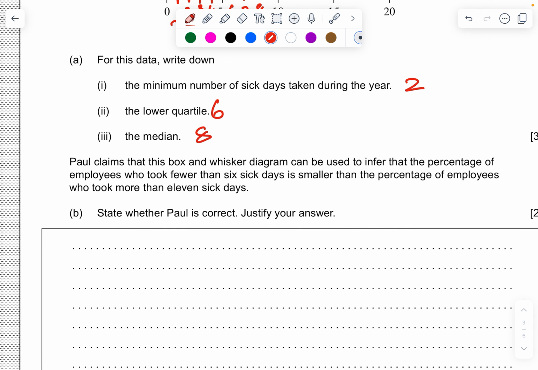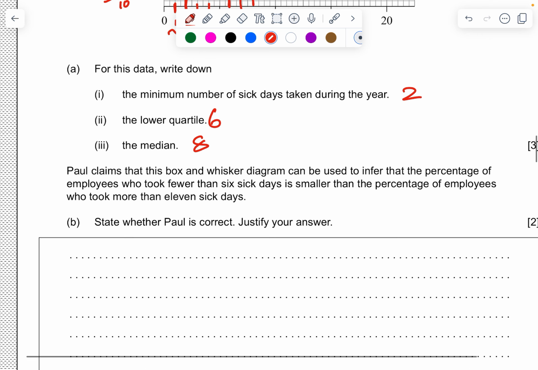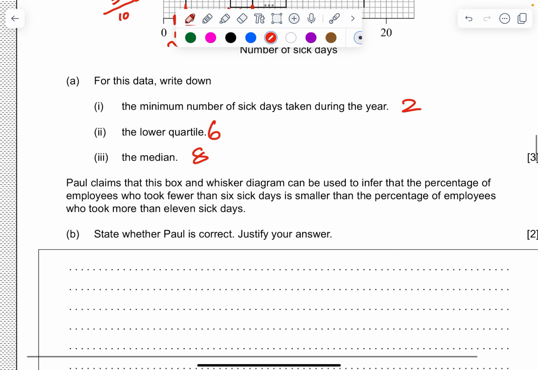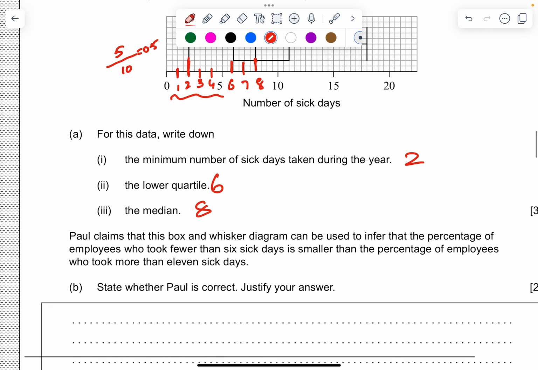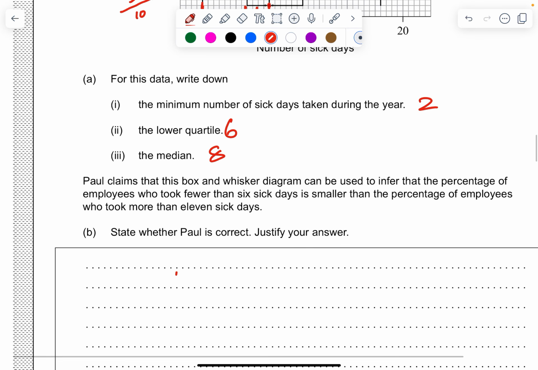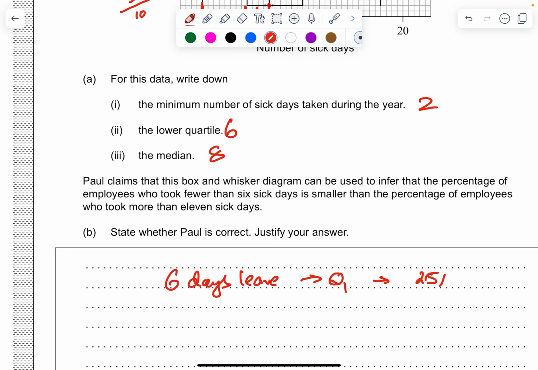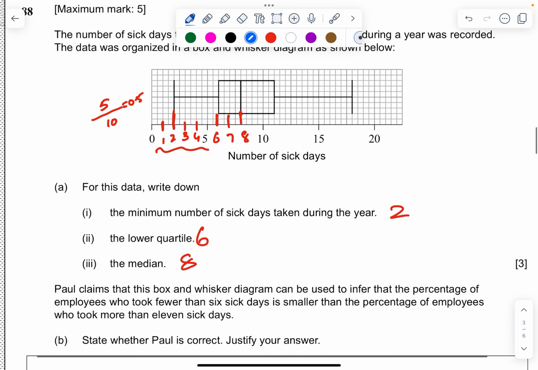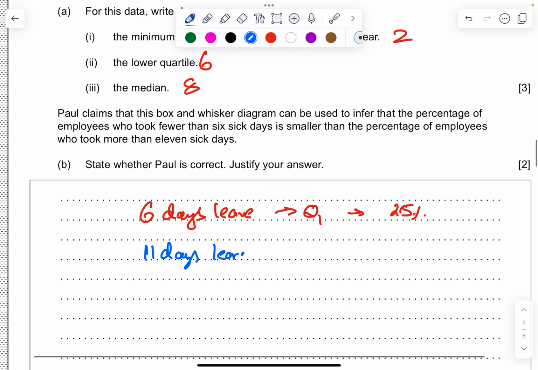Paul claims that this boxplot can be used to infer that the percentage of employees who took fewer than 6 days leave is smaller than the percentage of employees who took more than 11 days leave. So 6 days leave is our Q1, which is 25%. 11 days leave is Q3.